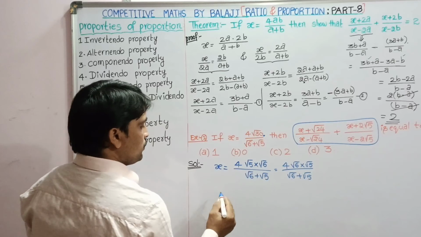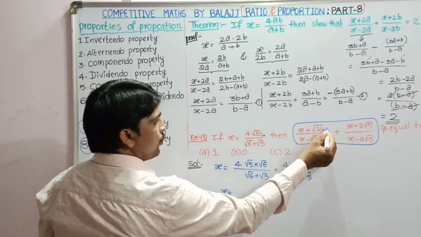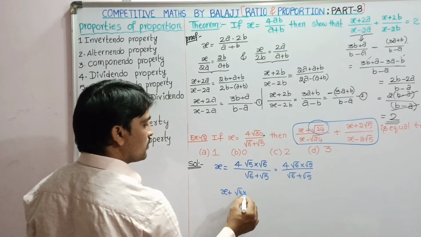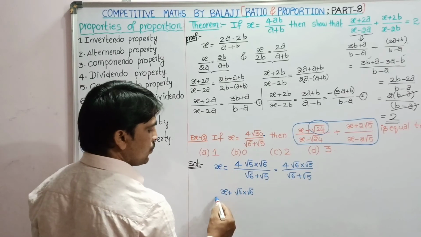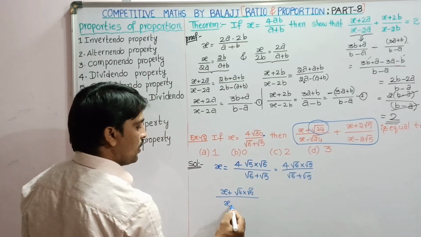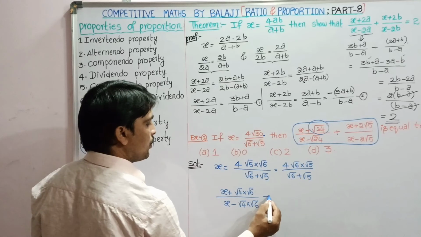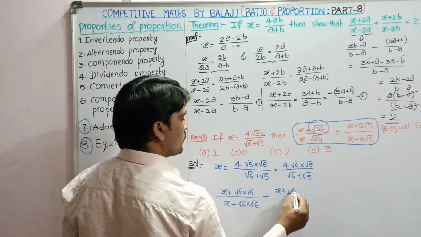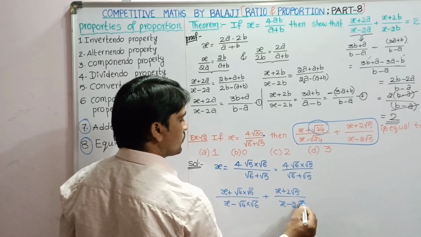Okay. Now it can be expressed as x plus root 24, where root 24 means root 4 into root 6, since root a into root b is root ab. So root 24 can be split as root 4 into 6, by x minus root 4 into root 6, plus x plus 2 root 5 by x minus 2 root 5.